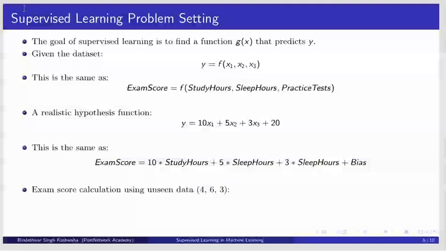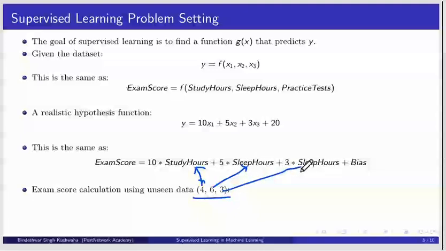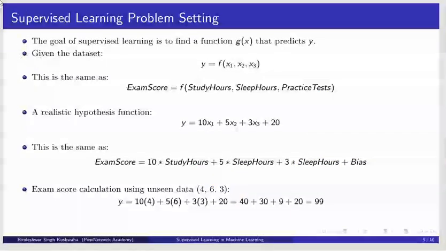Let us see the last one, where I wrote that study hours was 4, sleep hours was 6, and basically this would be practice test, not sleep hours. So I am writing here practice test, so 3 into practice test. We will just plug in these values and we will get 99.